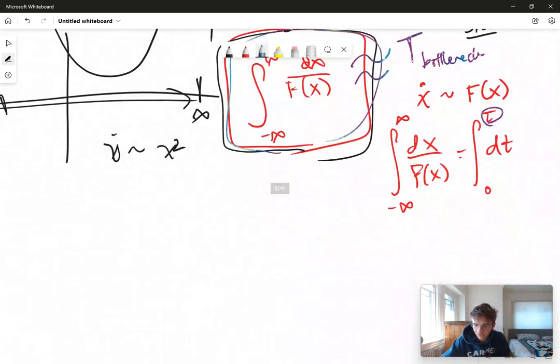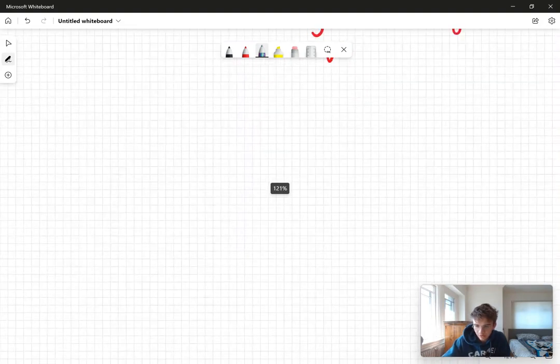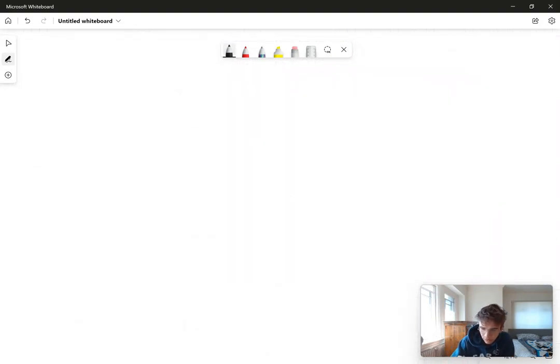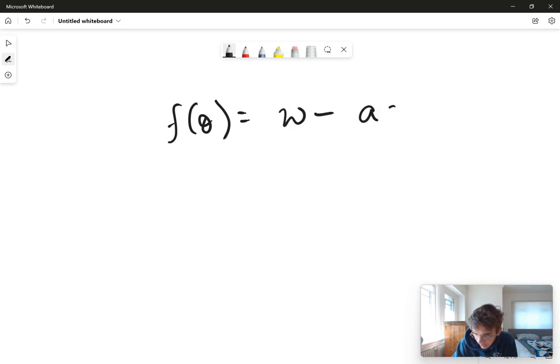And so, if we go to a specific example, let's say we have Strogatz's example of f of theta is equal to omega minus a sine theta.